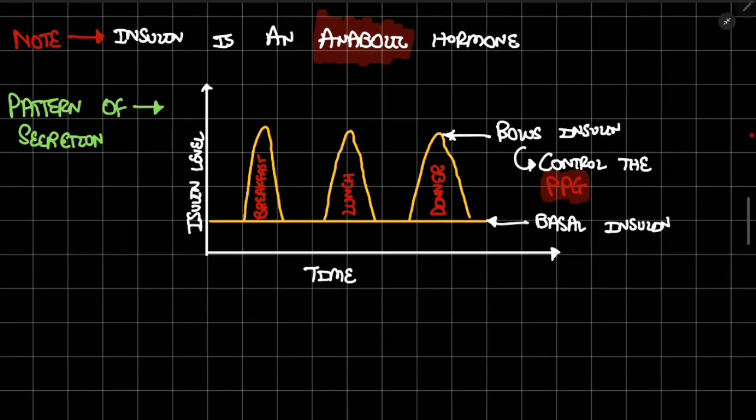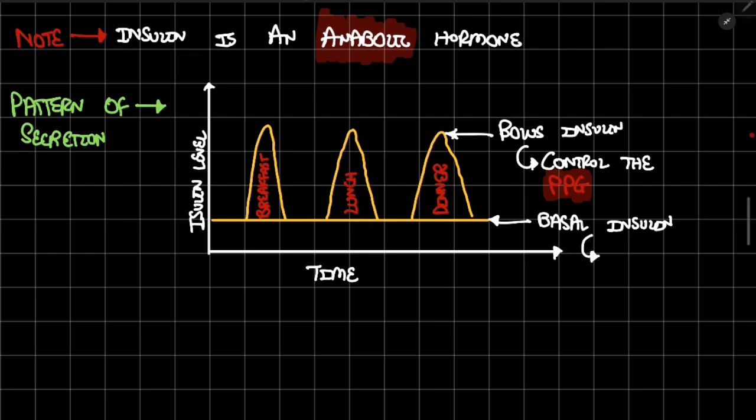Now, basal insulin is basically secreted all the time. What will the basal insulin do? We have seen many effects, like gluconeogenesis, so it will inhibit gluconeogenesis. One more effect we have seen is that it will inhibit lipolysis.